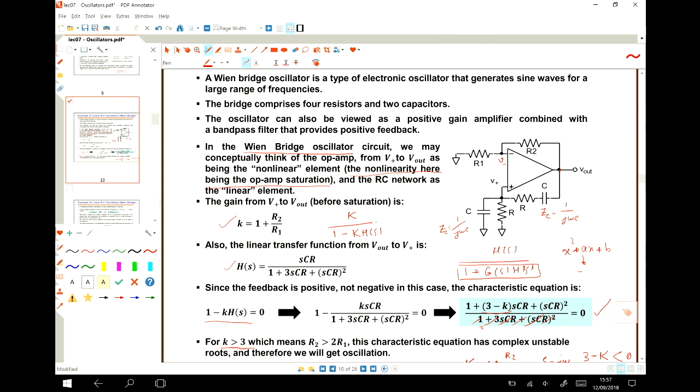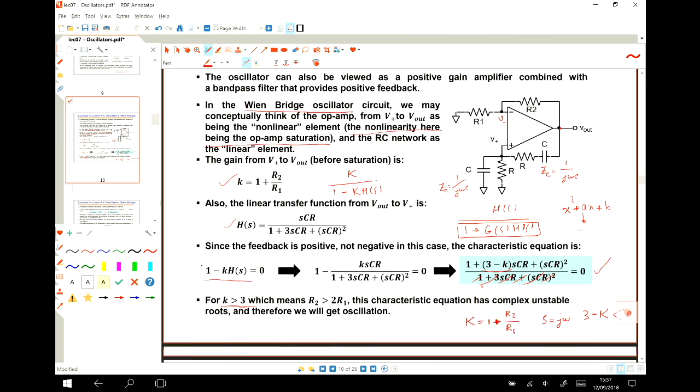And then based on the Barkhausen criterion, we say that 1 minus kH of s equal to 0. Then that one gives you the oscillation criteria. So when it has a root, we can say that this one has definitely a valid root when this value is less than 0, negative. So this is what I can say.